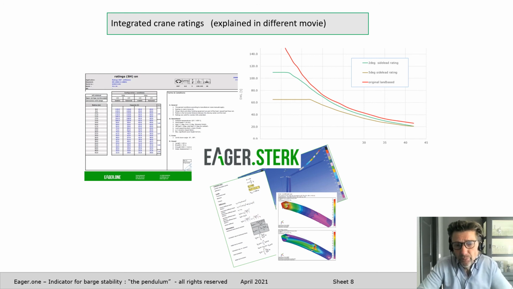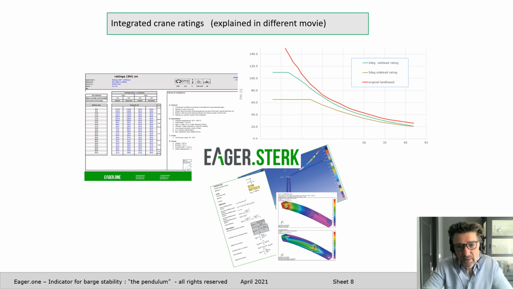And when you have these ratings, you're always safe, because in the calculations of these ratings, the situation of the barge, the metacentric height, the stiffness, the elasticity of the complete system where you're standing on is embedded. So when it doesn't tip in the calculation, then the ratings are a determining factor for a safe lift.